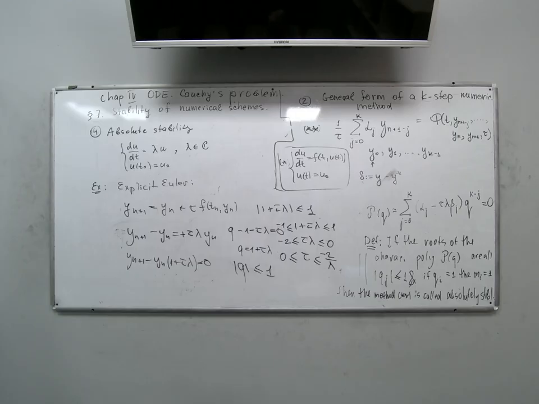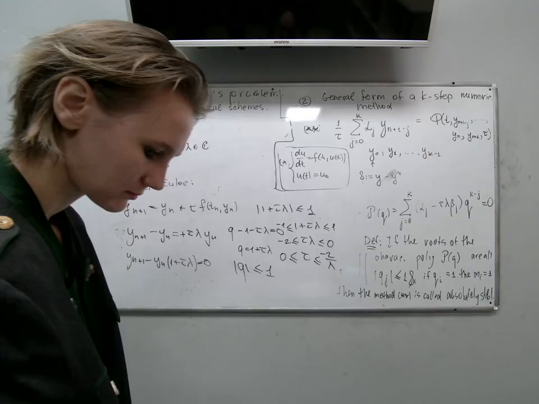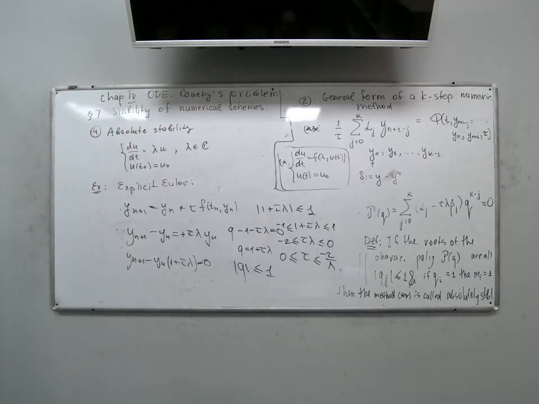But you have an inequality for tau. You cannot make tau as large as you want. You cannot jump with large time steps. This time step must depend on the coefficient before u on the right hand side of your equation. And in many practically interesting cases, this lambda is a pretty large negative number, meaning that the solution tends to 0 very quickly.